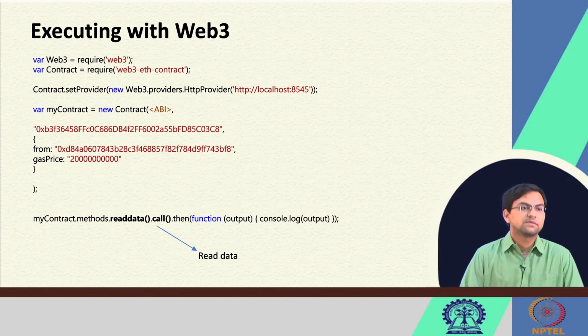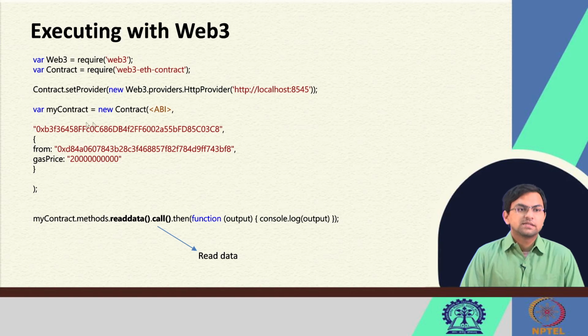The first lines import the Web3.js library and also the Web3 Ethereum contract, and then we set the provider, which is the Go Ethereum client's endpoint that is listening for RPC over HTTP requests, as we discussed in the last lecture.